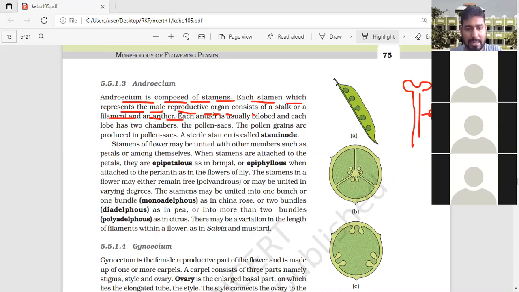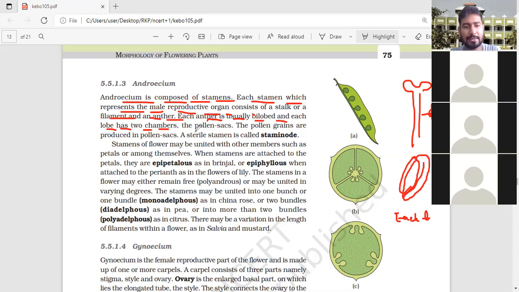Each anther is usually bilobed, and each lobe has two chambers. If we see the anther, this is bilobed, and each lobe has two chambers like that.